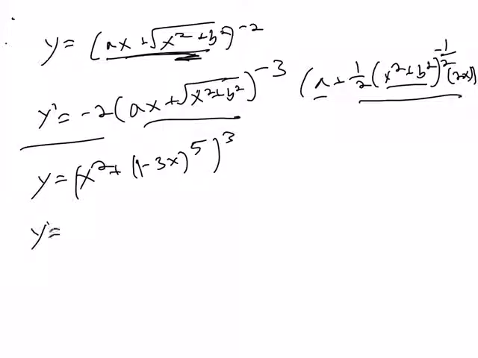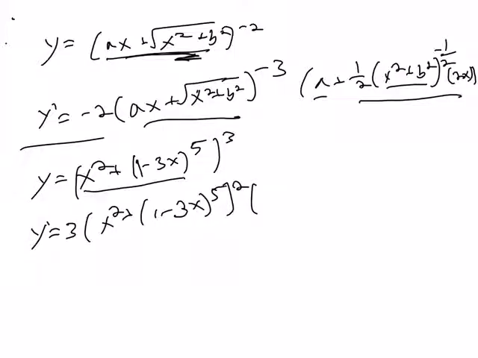So y prime is going to be 3 x squared plus 1 minus 3x to the 5th power, to the 2nd power, times the derivative of the thing inside, which is 2x plus now the derivative of this, which is 5, 1 minus 3x to the 4th power, but then the derivative of the thing inside, which is negative 3. That closes with that closes with that, and we're done.